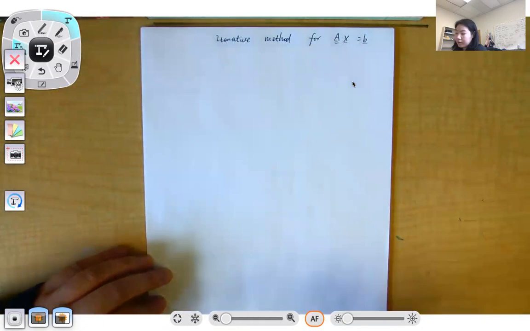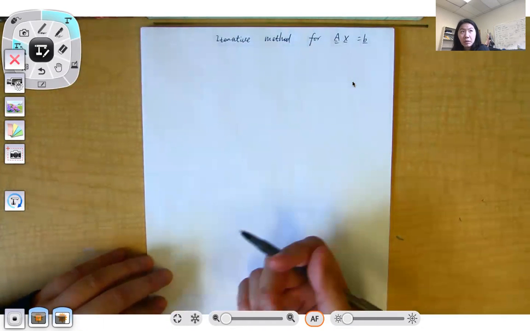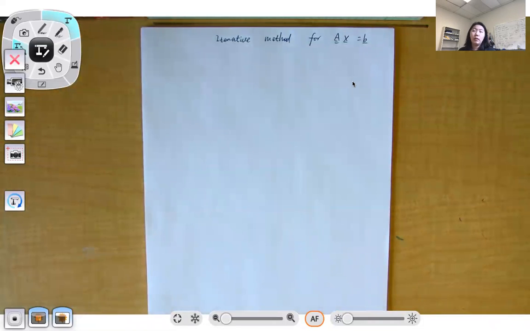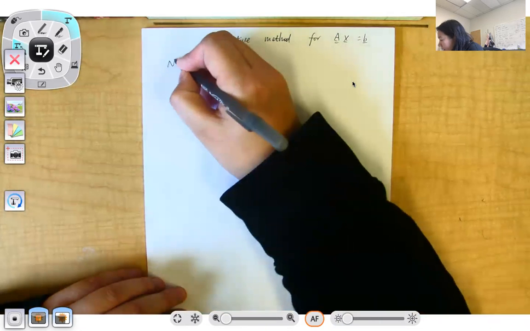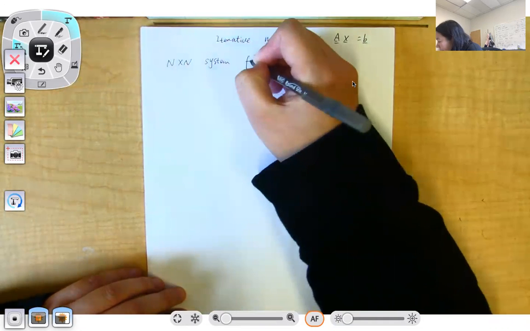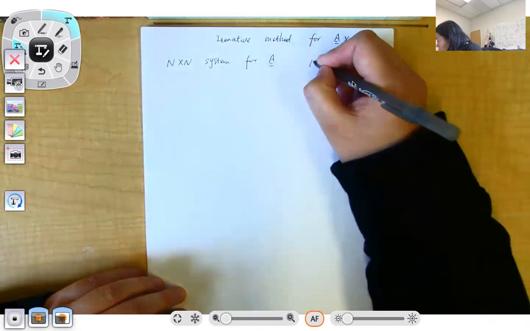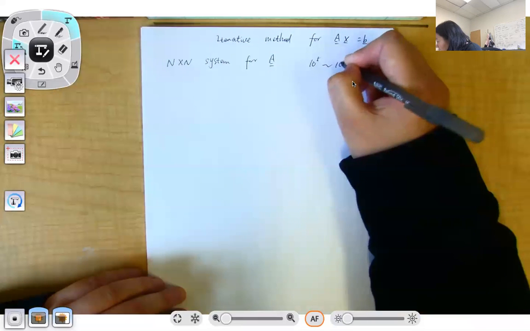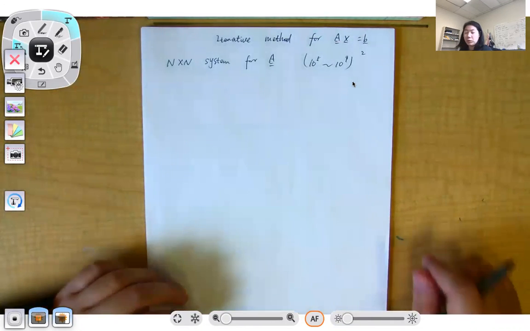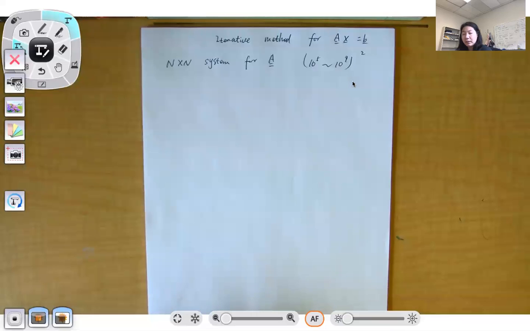Before, we talked about Gauss elimination or LU decomposition when the system is small. But when you enlarge the dimension of such algebraic equations, such as n by n where n is large, for example a matrix of size 10 to the fifth to 10 to the ninth, then this system is pretty large, and using Gauss elimination or LU decomposition you couldn't solve it.